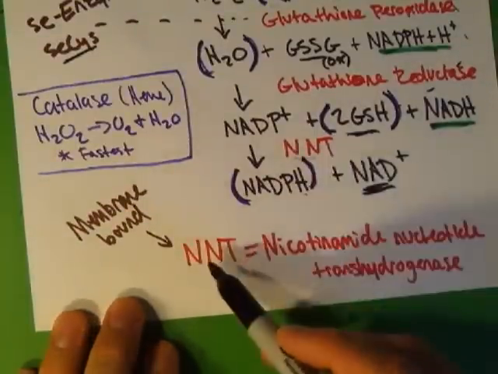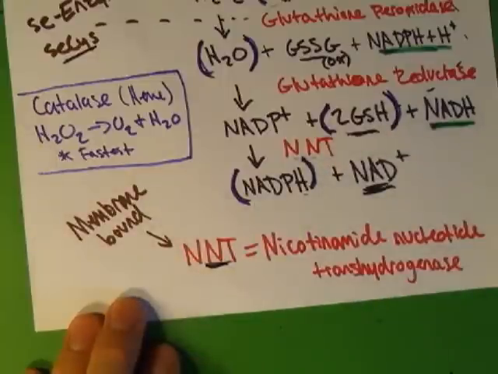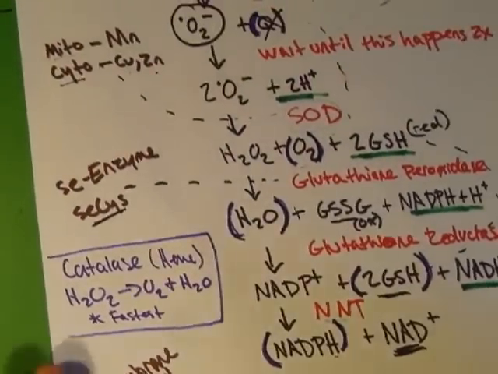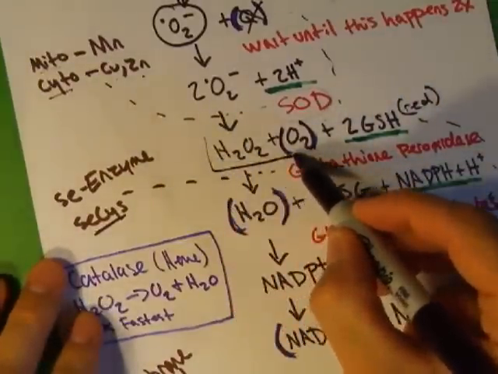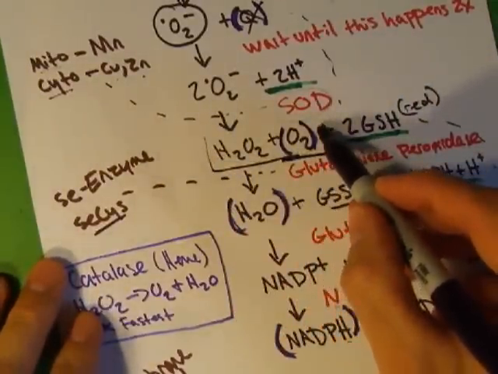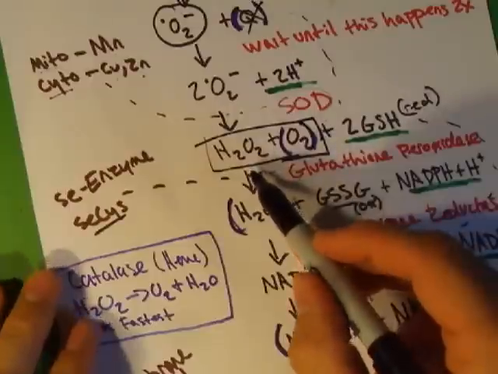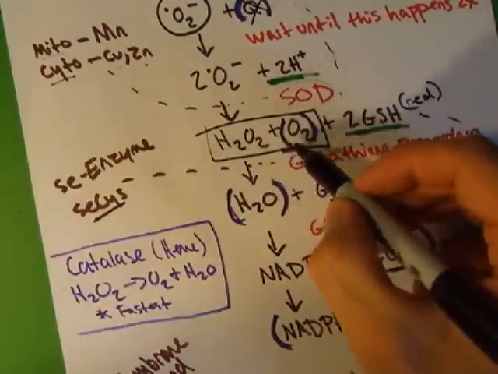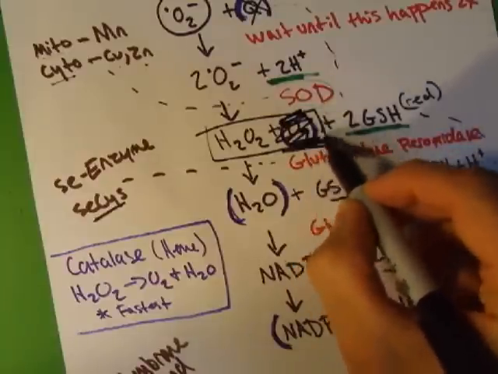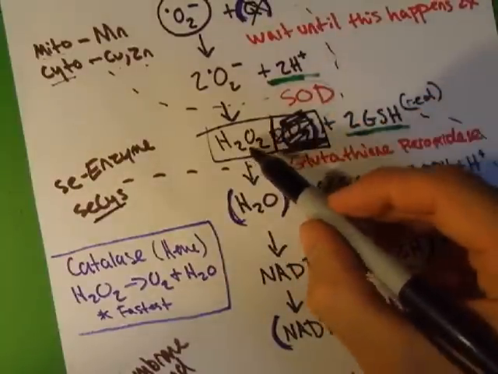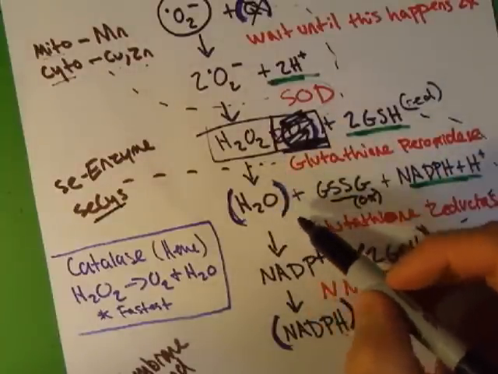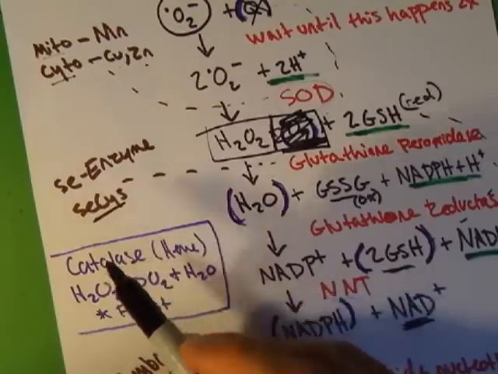The last enzyme down here, NNT, is membrane bound. Membrane bound comes up quite a bit. And this reaction right here, taking that extra hydrogen peroxide and turning it into water plus oxygen, can also be done by catalase.